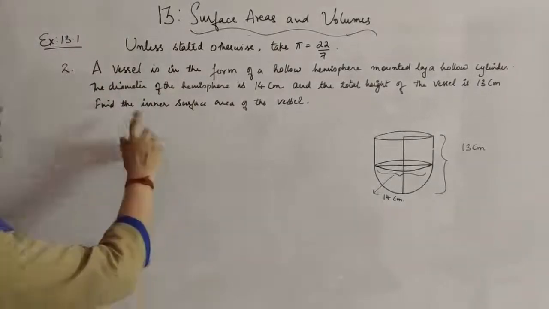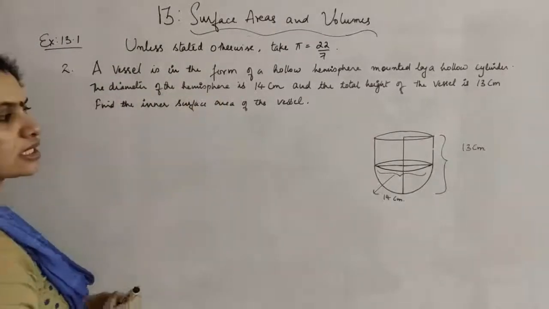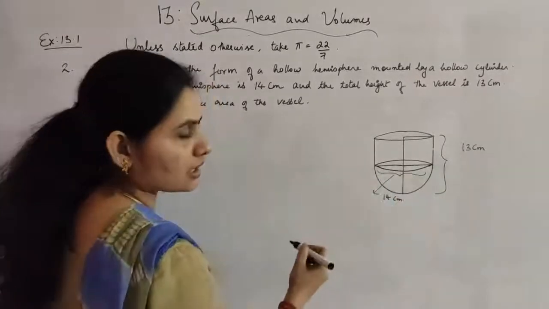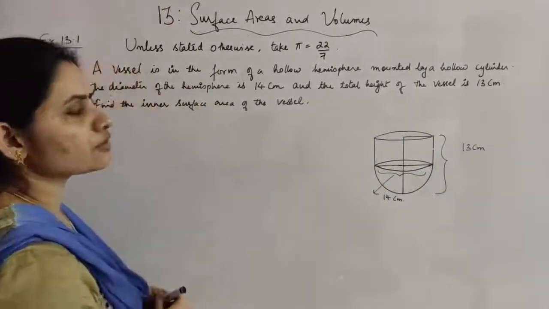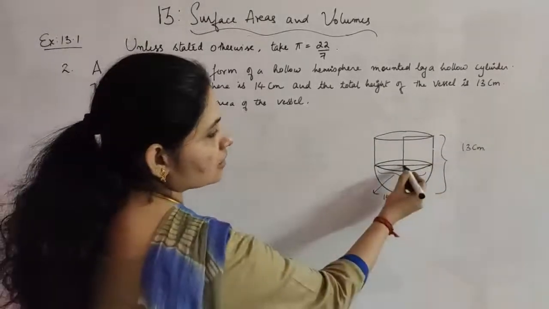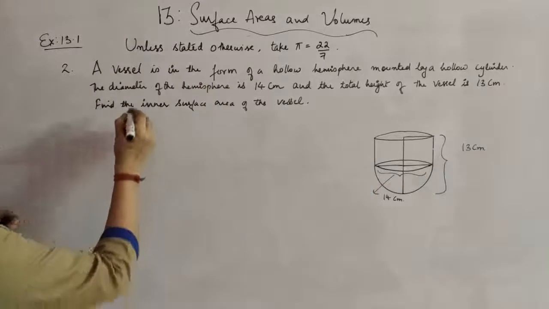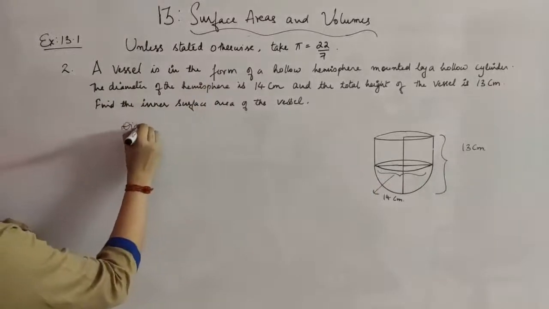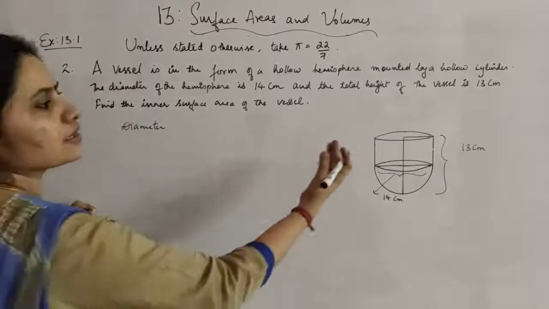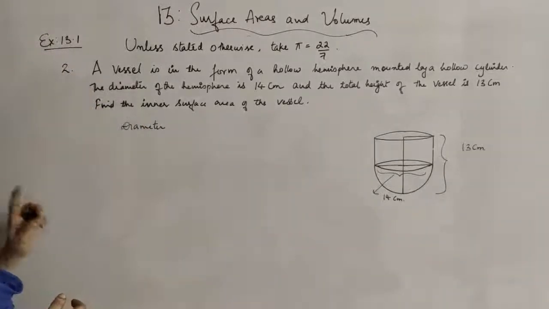Now what is given? The diameter of the hemisphere is given to be 14 centimeter. This much is given to be 14 centimeter, so that you can find out what is the radius. Again, the total height of the vessel is 13 centimeter. That means the diameter of the hemisphere will give you the radius of the hemisphere, and that will be the same as the radius of the cylinder also.